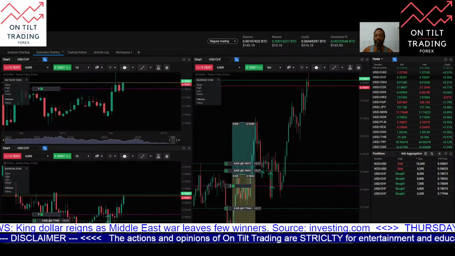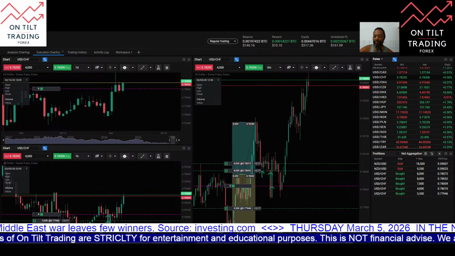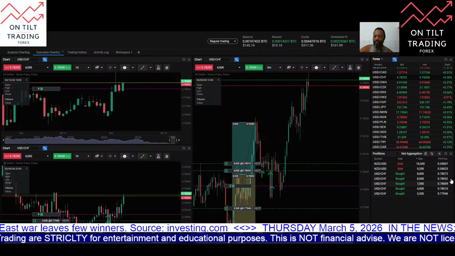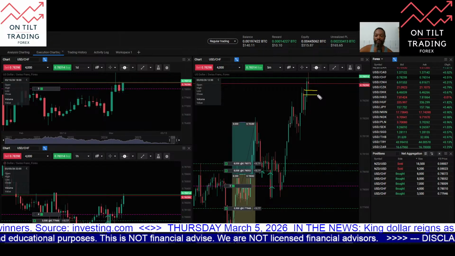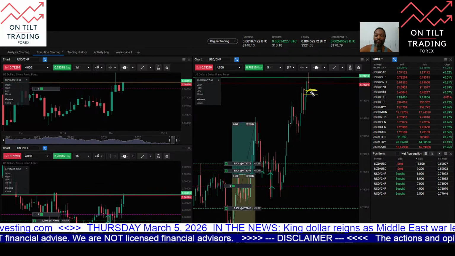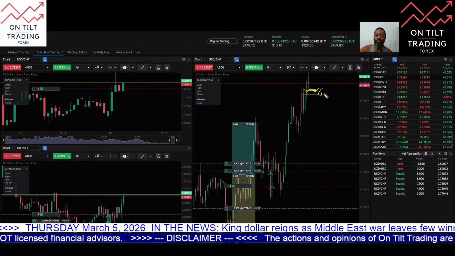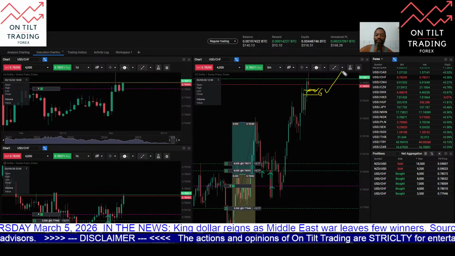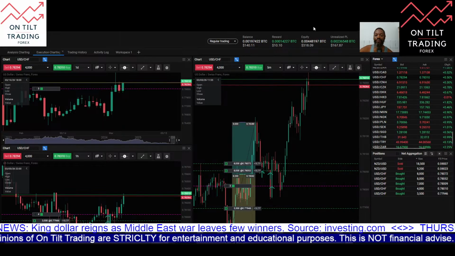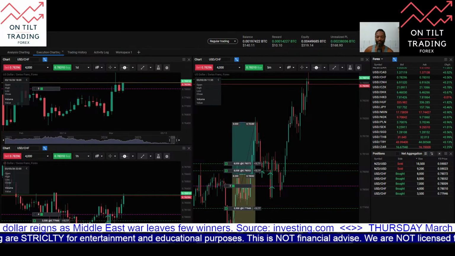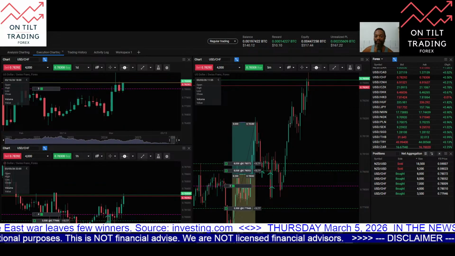We'll see if price will make a return to buy side delivery. There's also the potential here for price to use this area, which is a 5-minute fair value gap, to potentially trade into, to trade higher here. Or price just may continue without that if it's not needed.